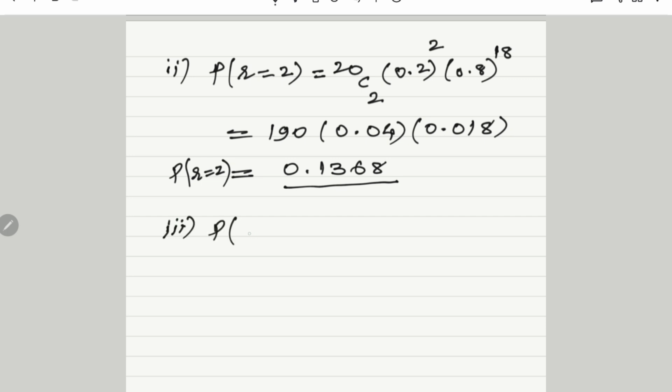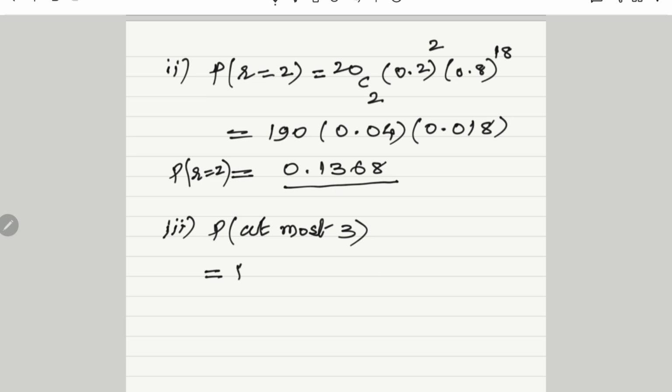Probability at the most 3. At most 3 are defective. There are two types of quantities: at the most and at least. Whenever at the most, we take up to that quantity from 0.